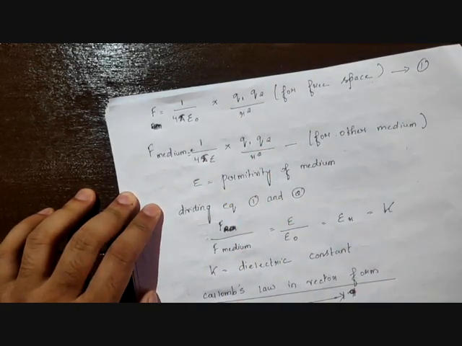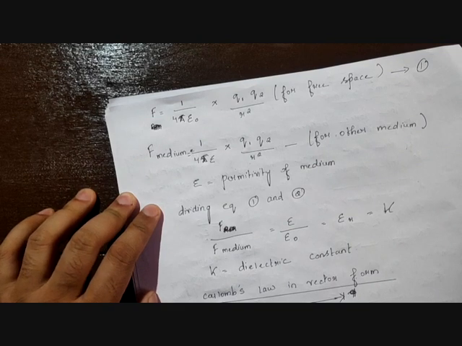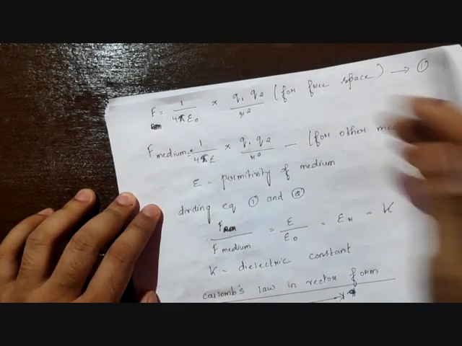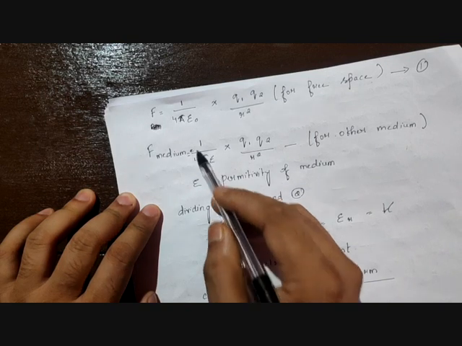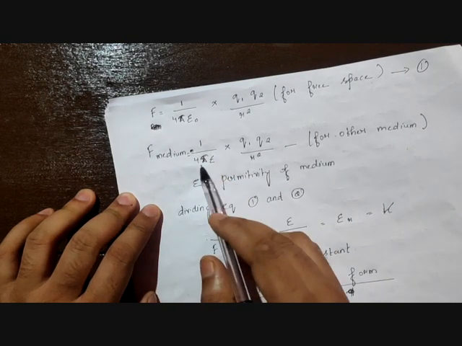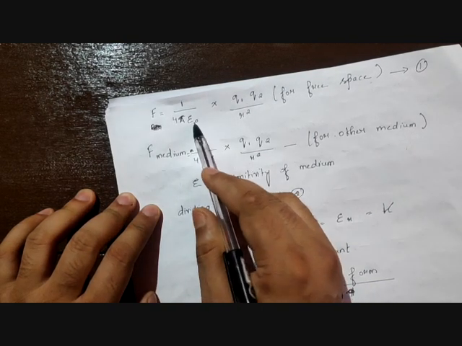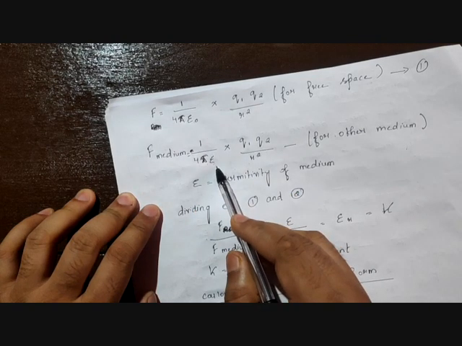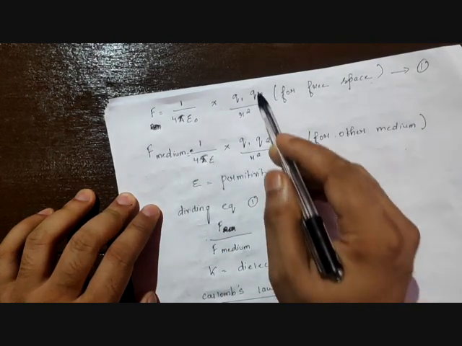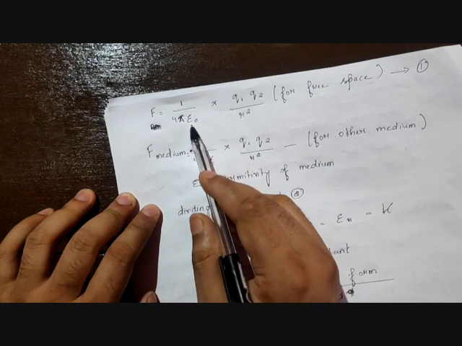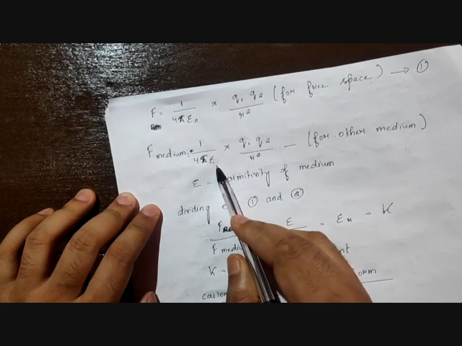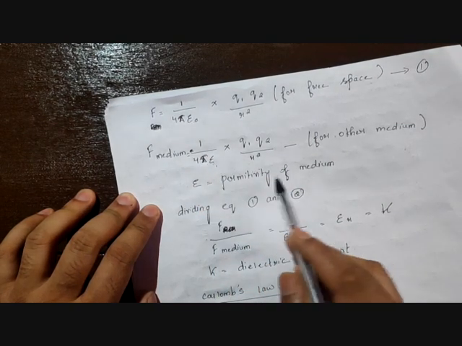But if in a numerical the question provides any medium other than free space, you have to use this equation: 1 by 4 pi, here no epsilon naught, only epsilon. That is the only difference. Here epsilon naught is there, here no epsilon naught. This is called the permittivity of medium.